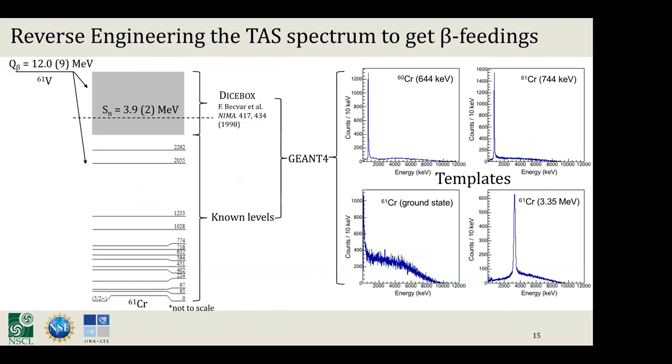And so what we do is that instead of saying, okay, there's a state at X MeV, Y MeV, Z MeV, we say at every bin of energy, there are these gamma rays that are expected to come out. And so we take the results from the DICEBOX simulations and we use that as an input to GEANT4 and essentially produce what I call templates.